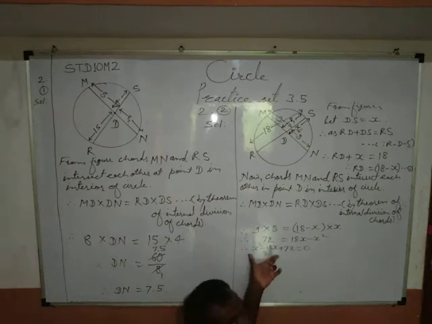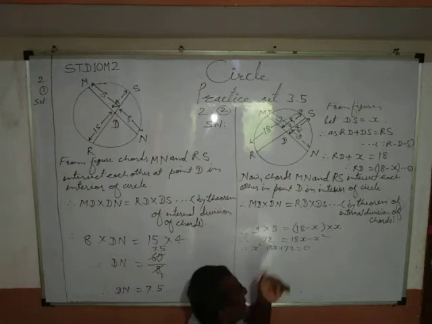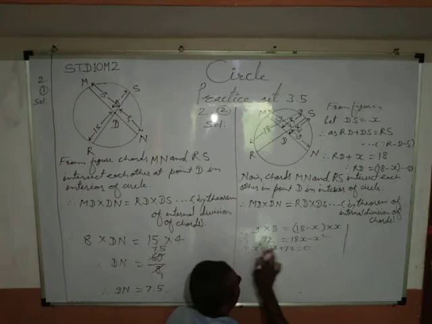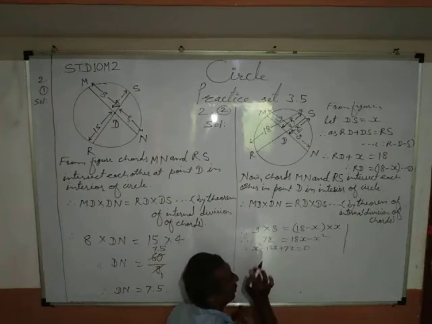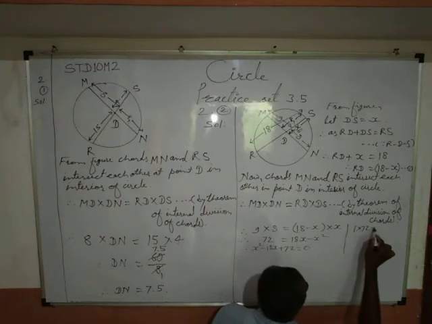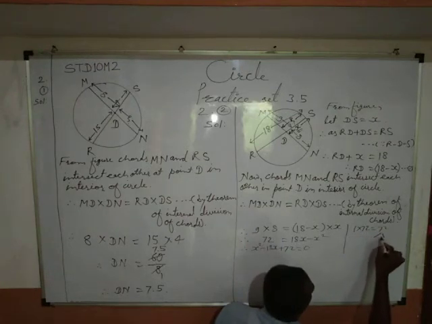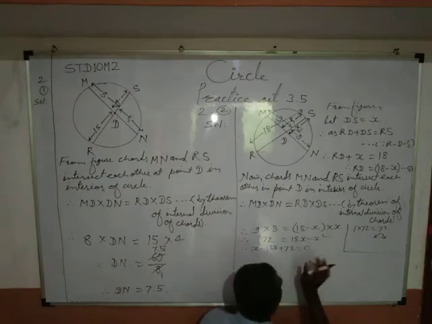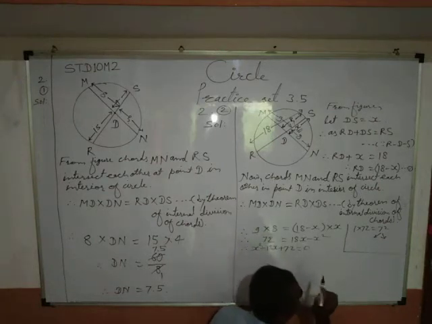It is a quadratic equation in the form of x square plus bx plus c equal to 0. Let's factorize the product of a into c such that its addition would be b. Means 1 into 72 gives us 72, and 72 should be split such that their addition would be minus 18.